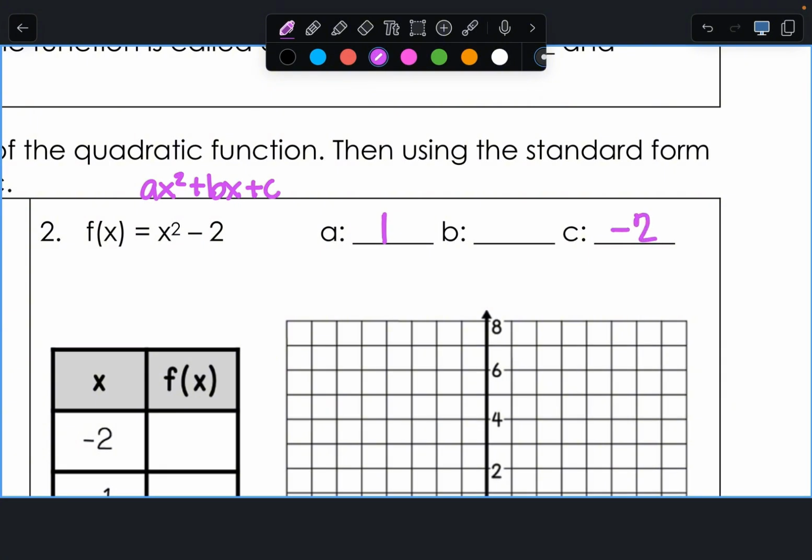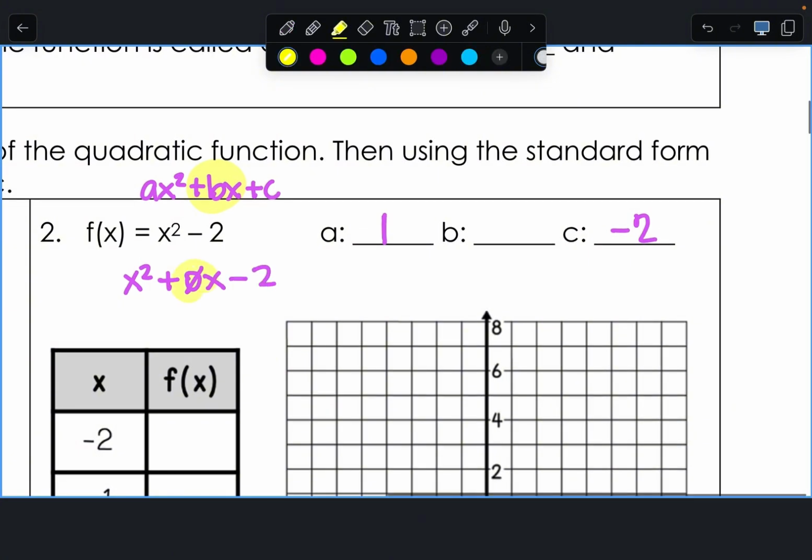It canceled out. What number did B have to be in order to cancel that x out? What number do you multiply to eliminate the variable? 0. So basically, it's like having x squared plus 0 times x minus 2. Because 0 times anything, what happens? Cancels out. So in this case, B is 0.